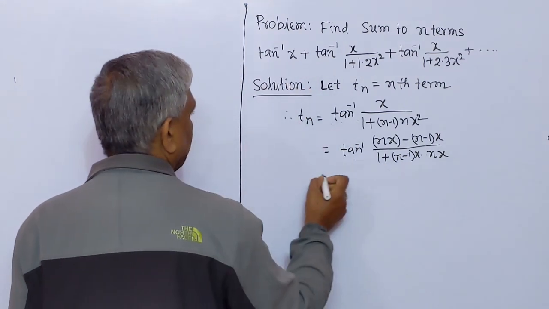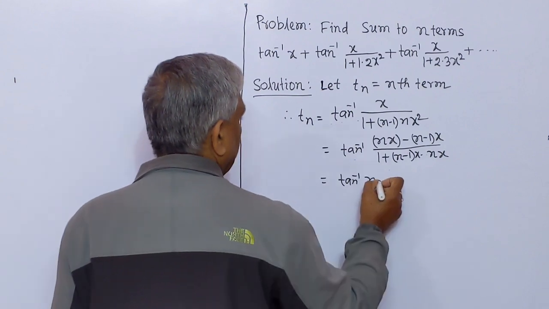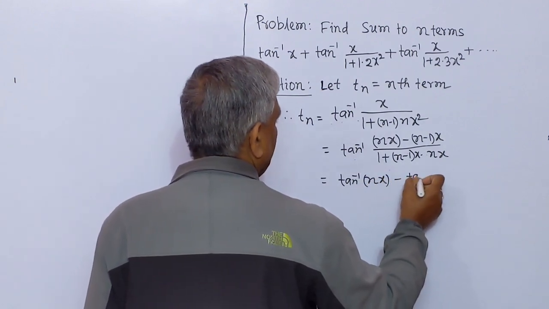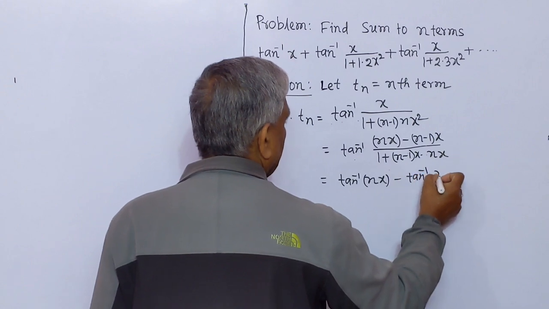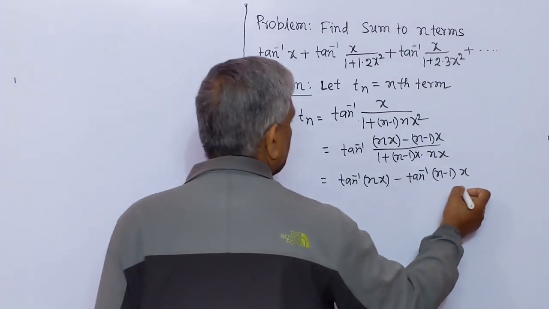This is equal to tan inverse nx minus tan inverse n minus 1 x. This is number 1.